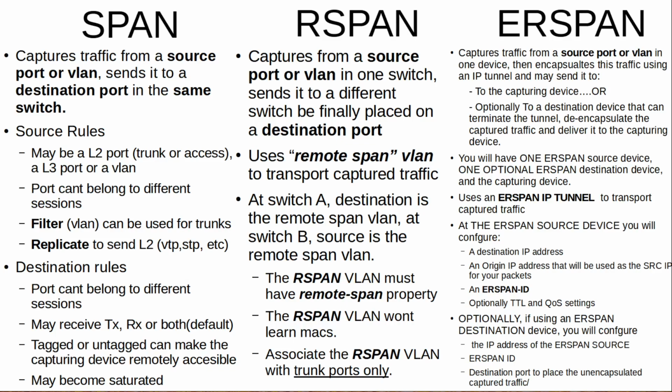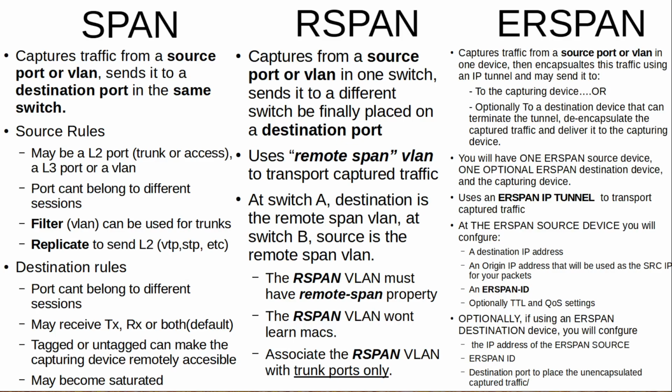So you will have one ERSPAN source device, one optional ERSPAN destination device, and the capturing device. This technology uses an ERSPAN IP tunnel to transport the captured traffic. At the ERSPAN source device, you will configure a destination IP address, an origin IP address that will be used as the source IP for your packets, an ERSPAN ID, and optionally, you can set TTL and QoS settings.